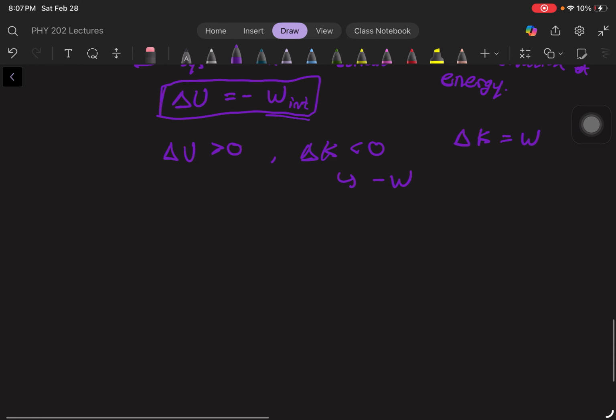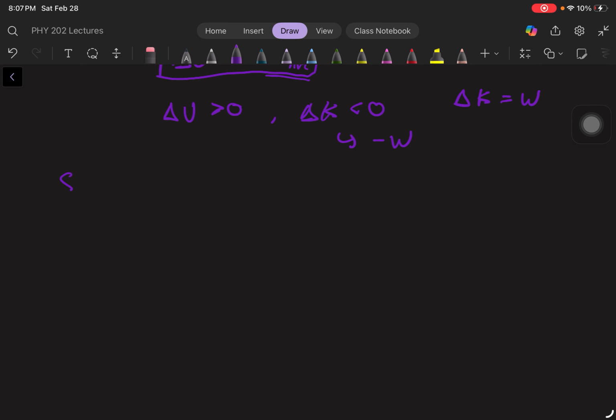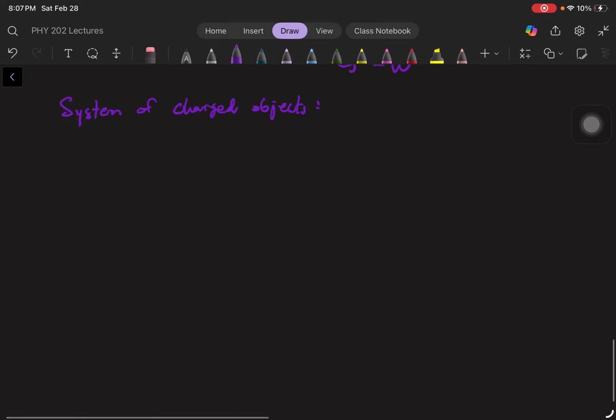And so let's look at a system of charged objects. And so let's start with a system that has no external forces.